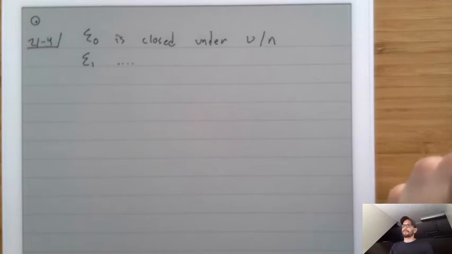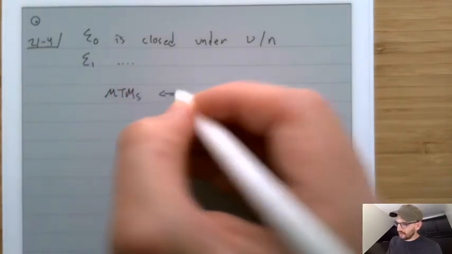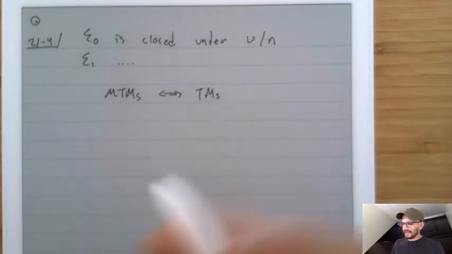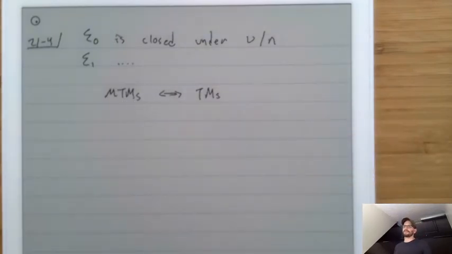All right, but all this is only relevant if we can show that multi-tape Turing machines are equivalent to normal Turing machines, i.e. whether we can compile a multi-tape Turing machine to a normal Turing machine. Now the way that we're going to do this is we're going to use that bisimulation concept.